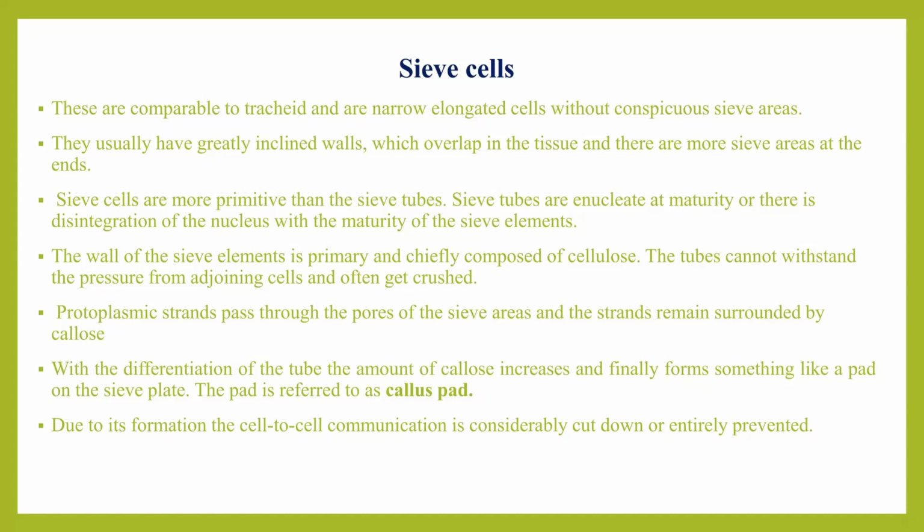With the differentiation of the tube, the amount of callose increases and finally forms something like a pad on the sieve plate. It is called a callus pad. Due to its formation, cell-to-cell communication is considerably cut, and translocation will be stopped.